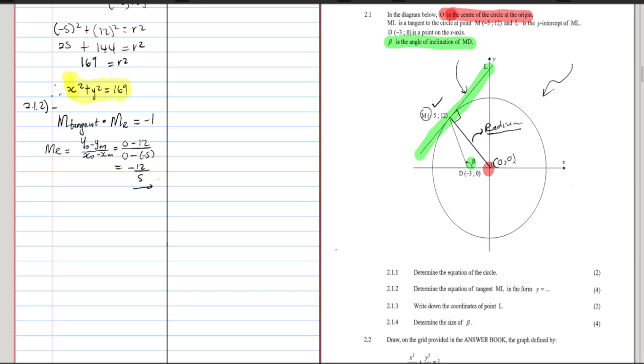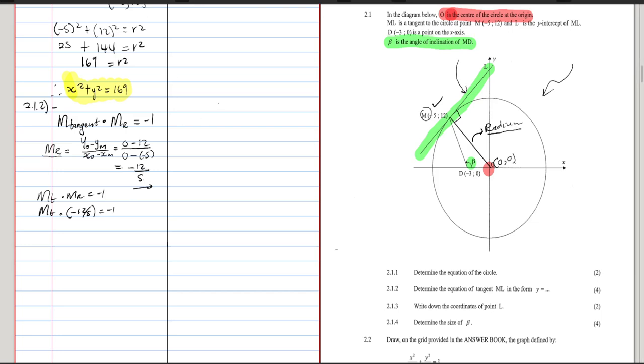So that's the gradient for the radius. Now let's go ahead and calculate the gradient of the tangent. So m tangent multiplied by mr should give us -1. M tangent is what I want. M tangent multiplied by mr, that is -12 over 5, equals -1.